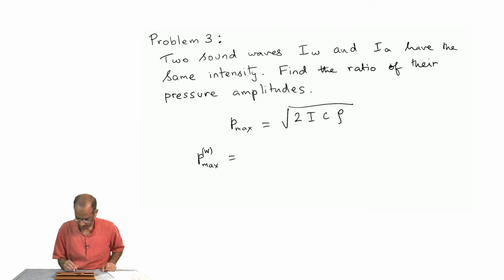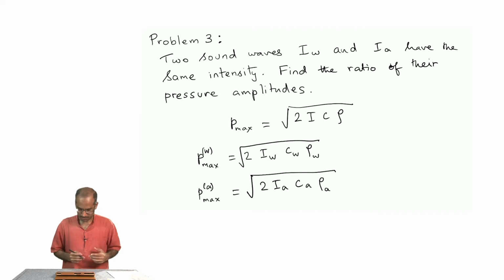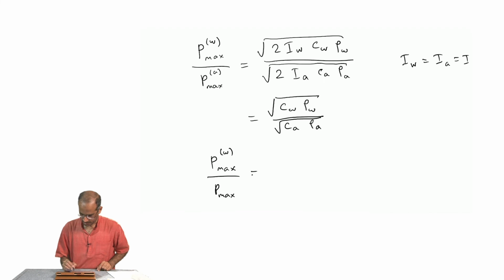So, this is 2 I W to indicate that intensity of sound in water, C velocity of sound in water, and rho density of water. So, we just need to divide one by the other to get the ratio. The ratio is equal to C W rho W divided by C A rho A.